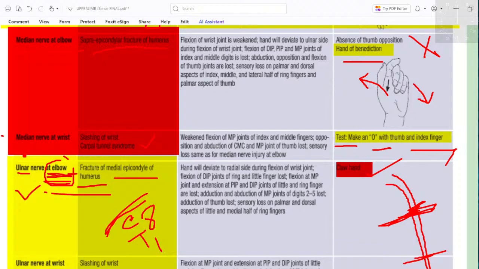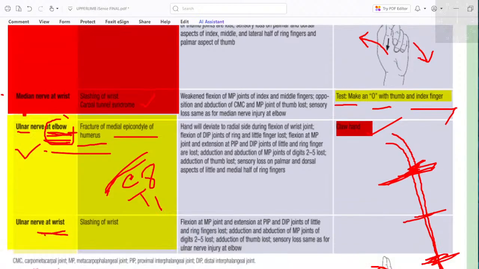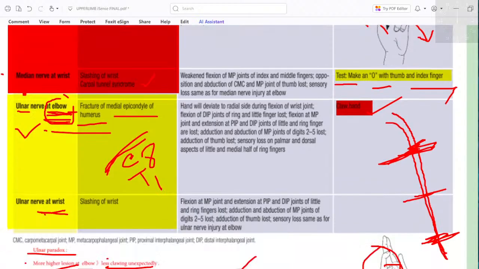Claw hand, no, not the claw hand, carpal tunnel. Yes, it may occur due to trauma and injury. Carpal tunnel and hand of benediction of the forehand.